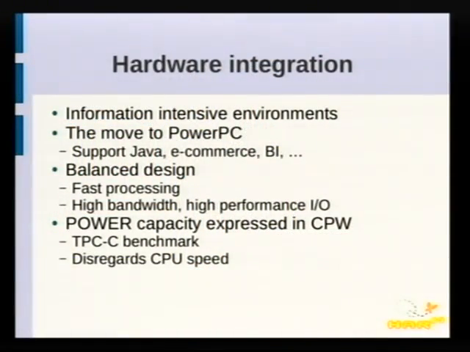The next thing is hardware integration. The AS400 was first built to perform in information-intensive environments, and with the move to PowerPC, they wanted to add support for Java and e-commerce, business intelligence things, and they wanted to create a balanced design with this fast processing from the PowerPC, combined with the high bandwidth and high performance I/O that the original AS400 was built on.